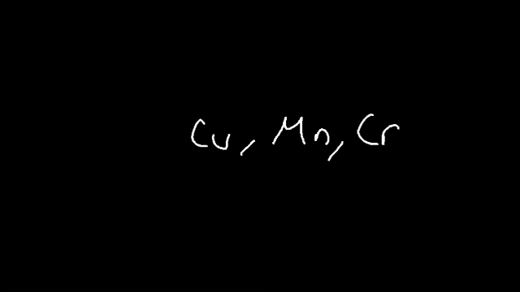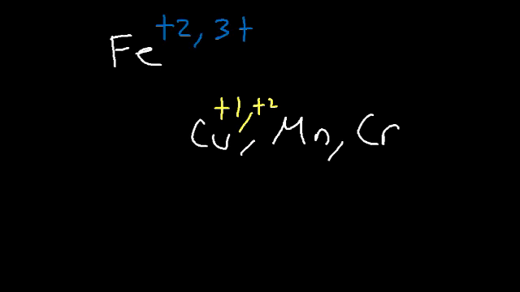So iron metal has both the +2 and the +3 oxidation state. Copper has the +1 and +2 oxidation states. Manganese can go up to +7. So as you can see, they have multiple oxidation states, and they form colored solutions.